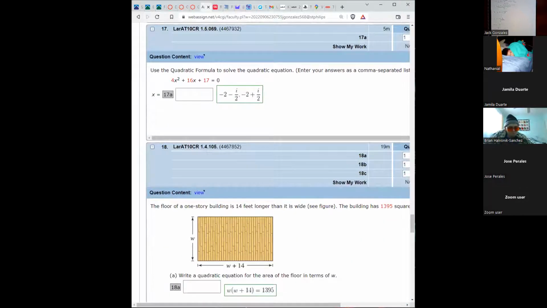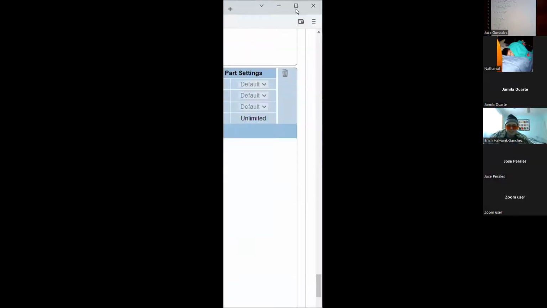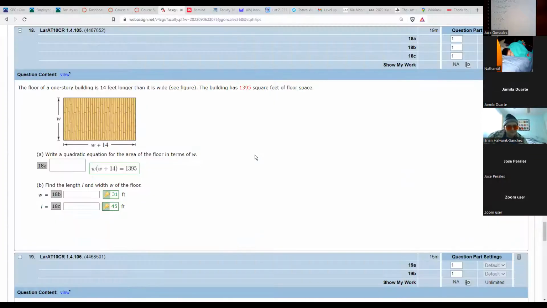Let me look at these word problems. I don't know if I want to keep them all. Just realize some look annoying.